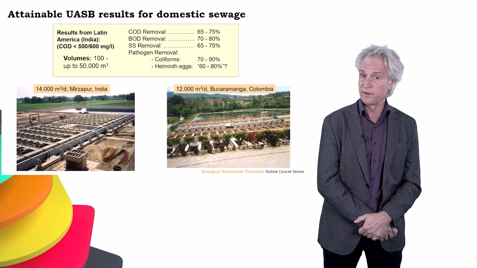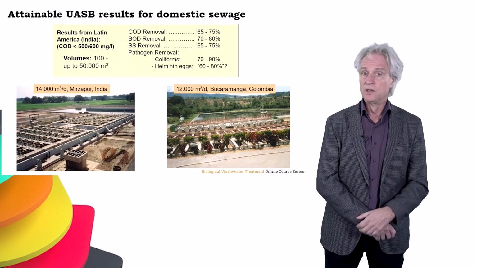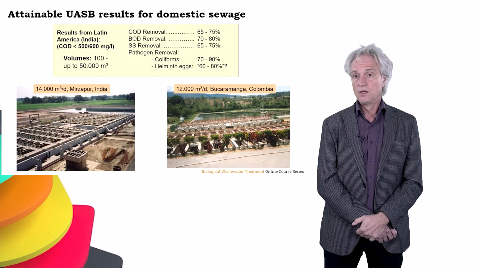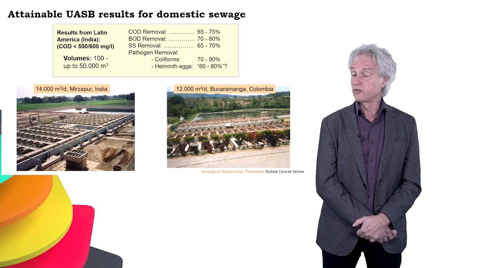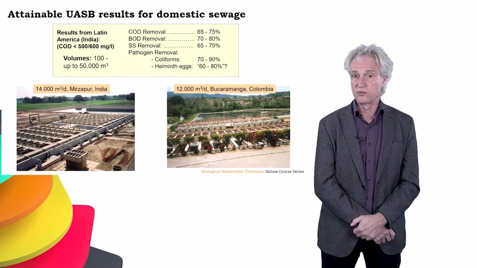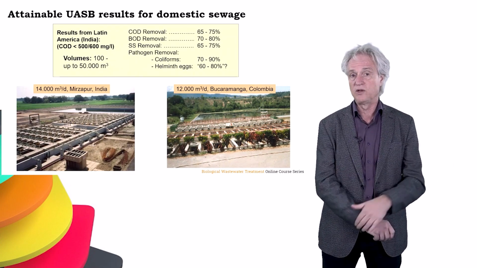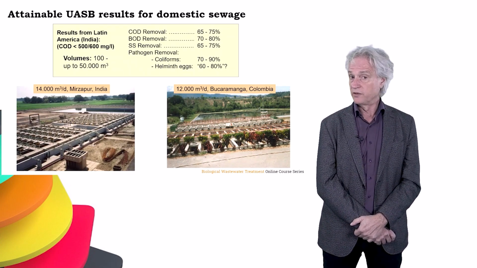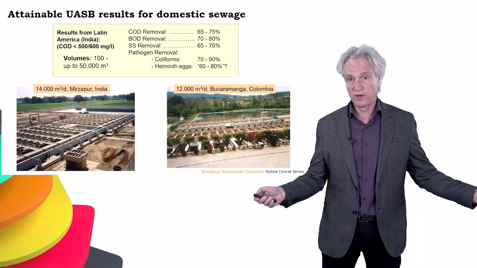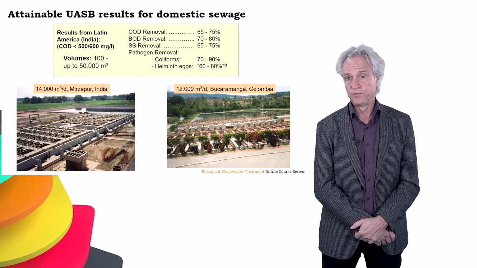Results are coming particularly from Latin America, with some results coming from India. Now that means the COD of the sewage is not very high, so it's not very concentrated. It's more or less 500, 600 milligram per liter. And the volumes of the reactors range from very small, 100, to very large, 50,000 cubic meter.